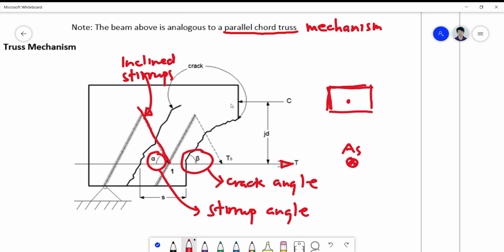Of course, if there are compression bars here, it will add to the compression strength of your mechanism here. So take note that the stirrup is inclined, so you have the stirrup tension TS, which is also inclined in this case.